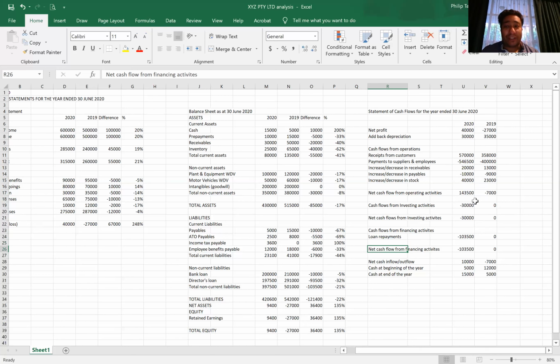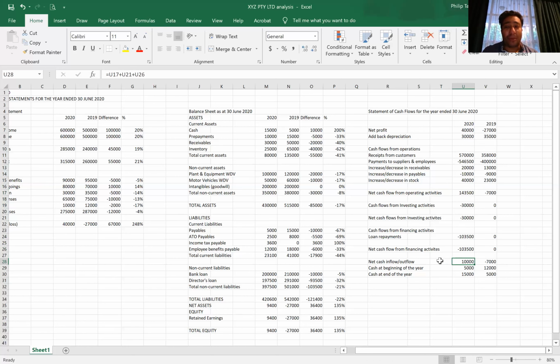Then when you add the cash flow from operating activities, add your net cash from investing activities, which could be a minus, add net cash flow from financing activities, which also could be a plus or a minus amount, gives you your net cash inflow or outflow for the year of $10,000.